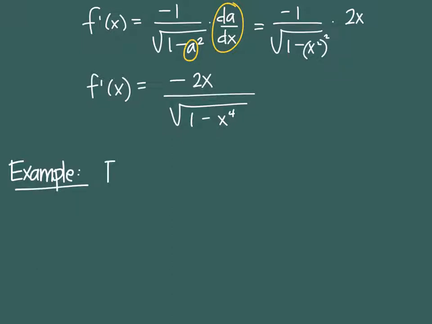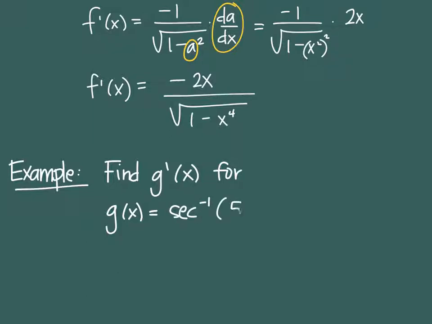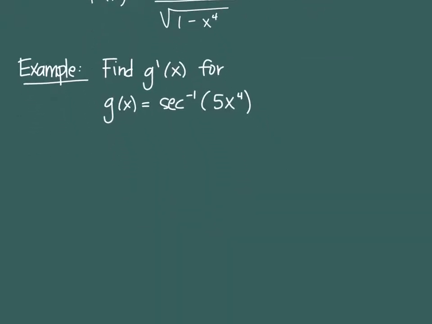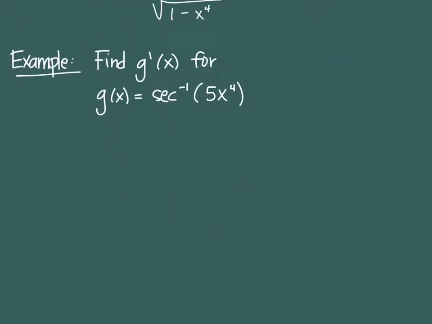So in a similar way, find g prime for the following g function. Secant inverse of 5x to the 4th. And so for you, I would recommend right now, while you're just practicing, to write down the rule.